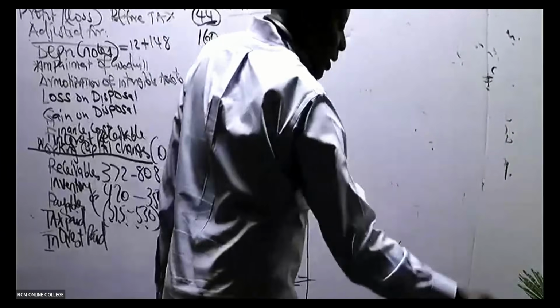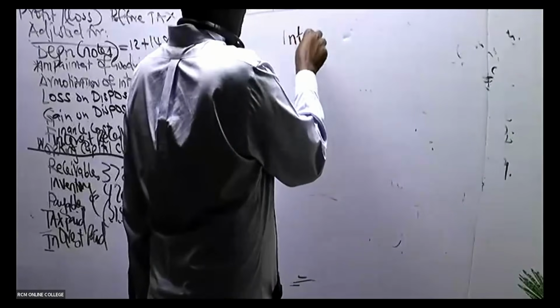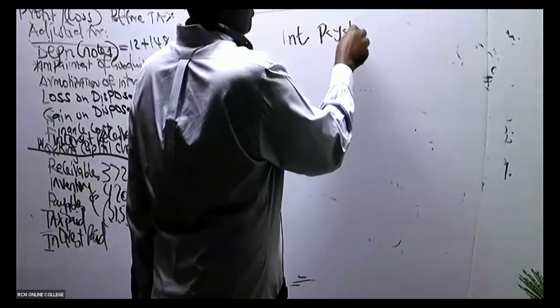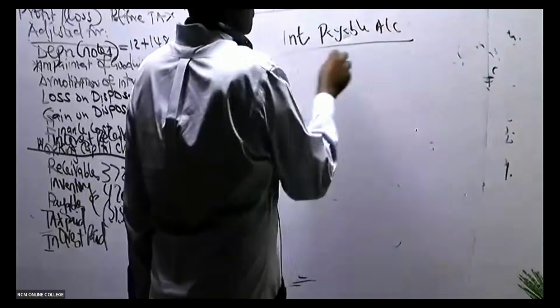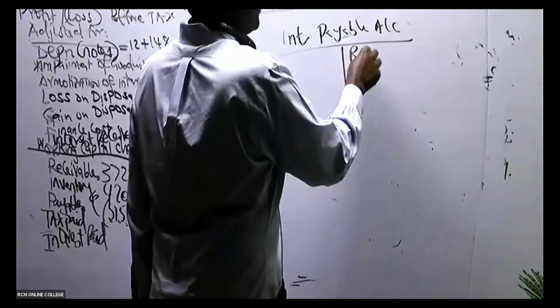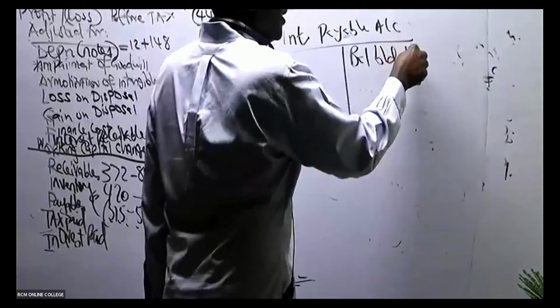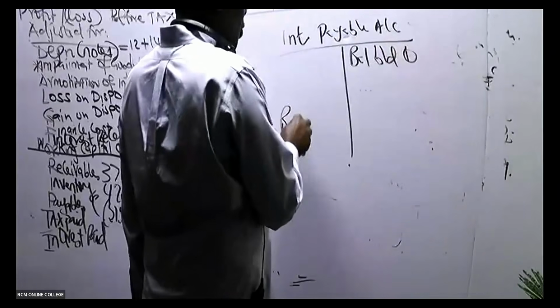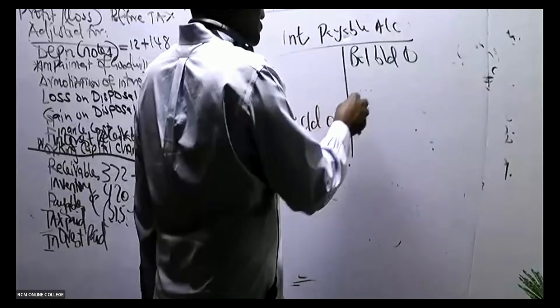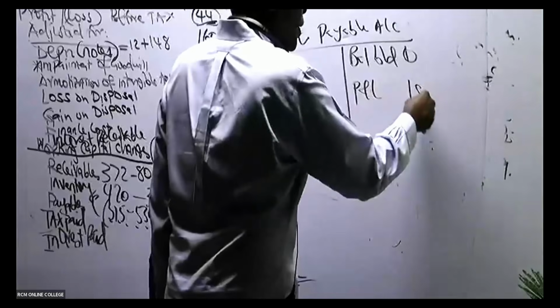So we have here the interest payable account. The balance brought down is 0, and the balance carried down is 0. And our P and L amount is 18.